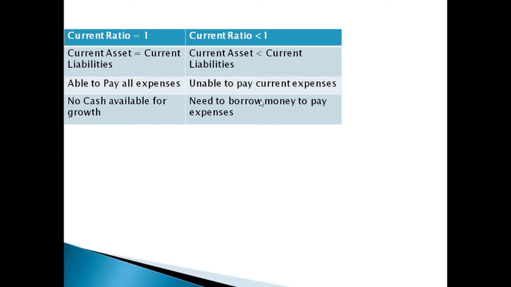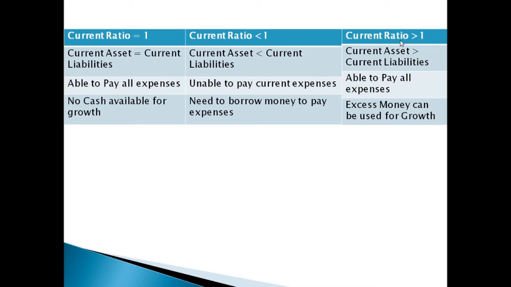So this is a scenario where you're having less cash and you have to borrow money for producing your product. Scenario 3: in this case your current ratio is greater than 1. That means your current asset is greater than current liabilities. That means you are able to pay all your expenses, you're generating enough cash, and you have excess money available with you, which you can use for expansion and growth purposes.